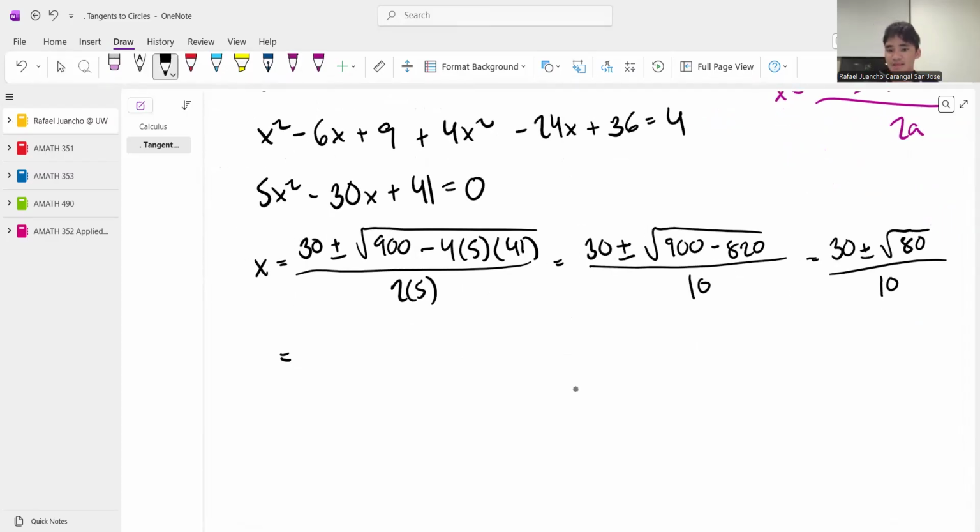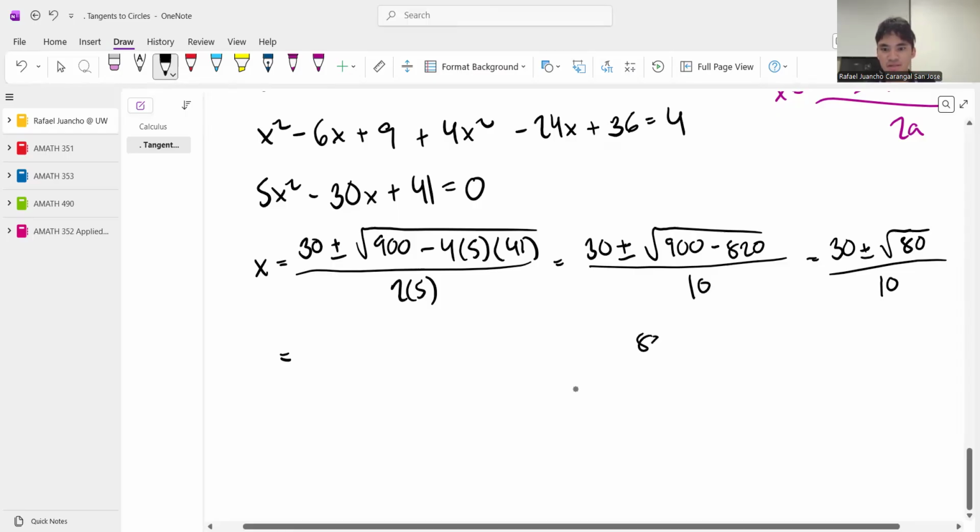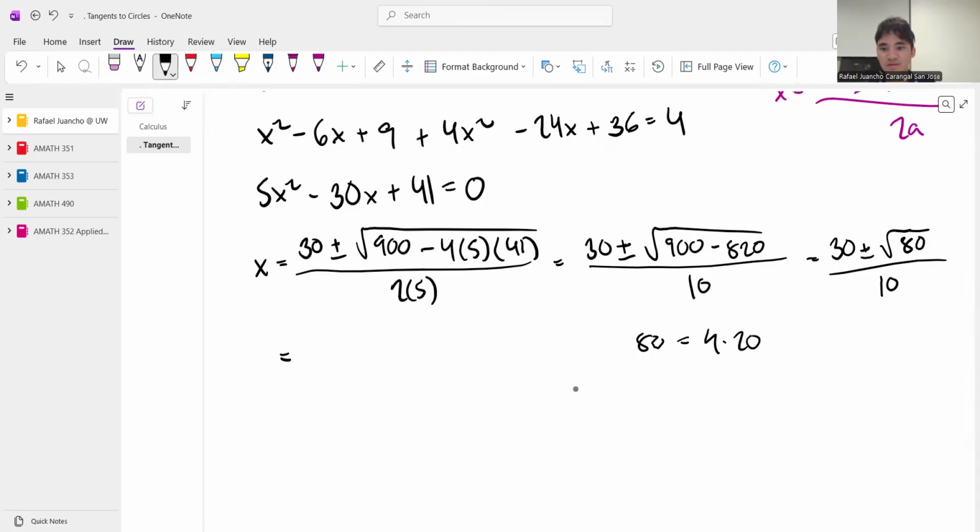Square root of 80 can be written as what? 80 is the same thing as 4 times 20, same thing as 4 times 4 times 5, right?